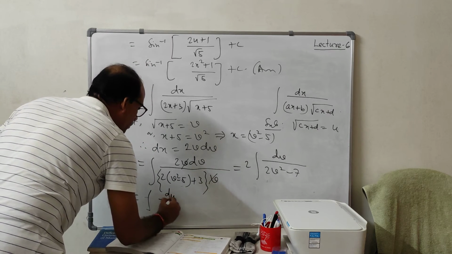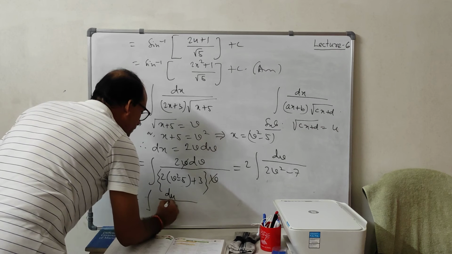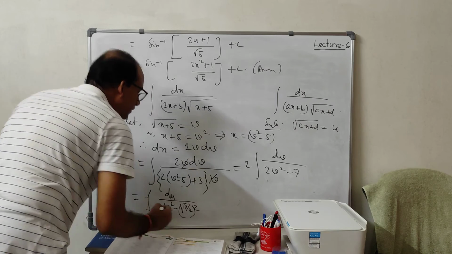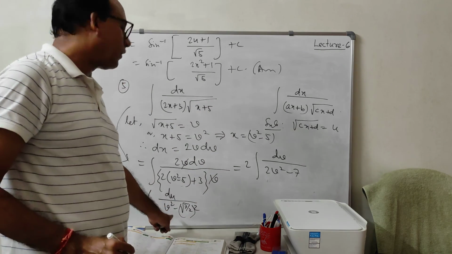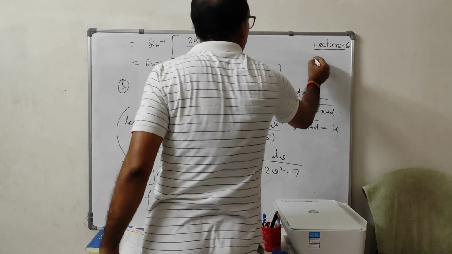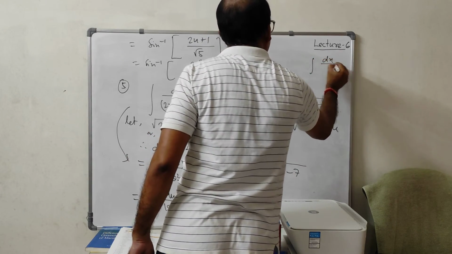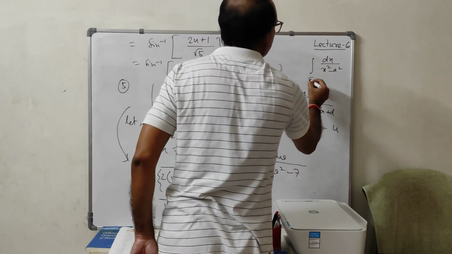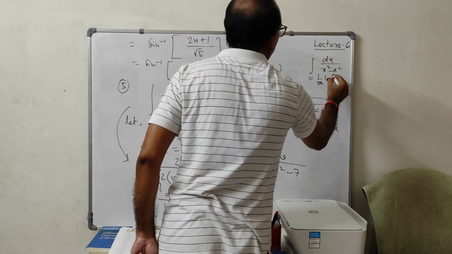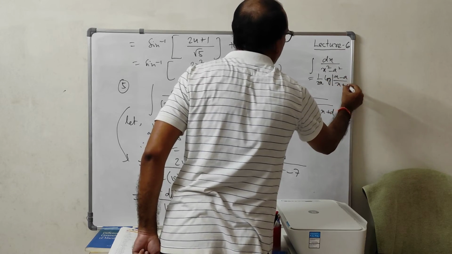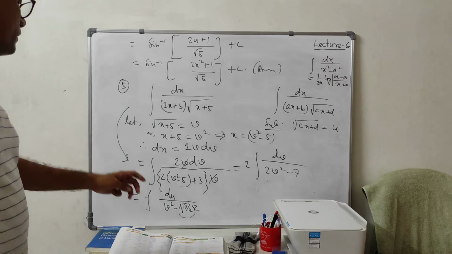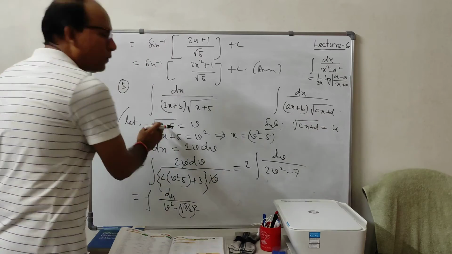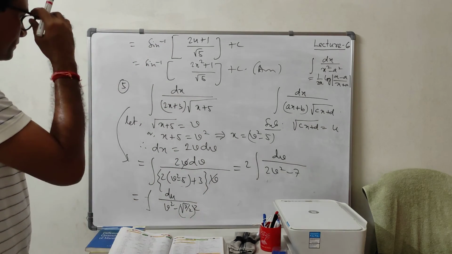Integration dv over v square minus root 7 by 2 whole square. So we actually fall under the form of standard integral, integration dx by x square minus a square. What was the result? The result was 1 by 2a log mod x minus a upon x plus a. That was the result. So we actually fall under that type of standard integral after substituting root over of x plus 5 as v.